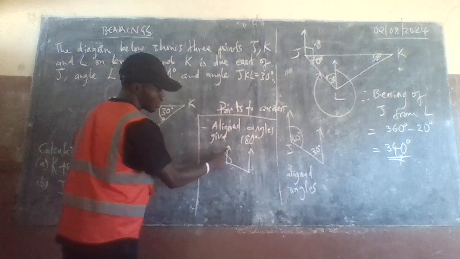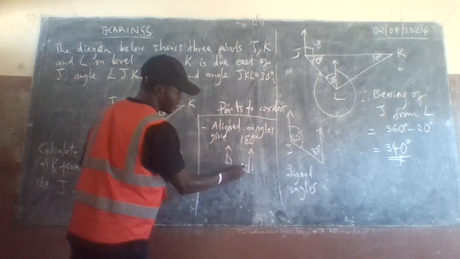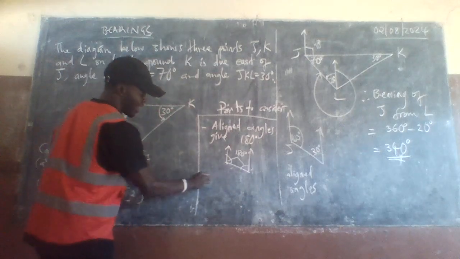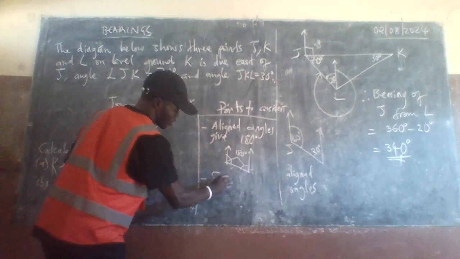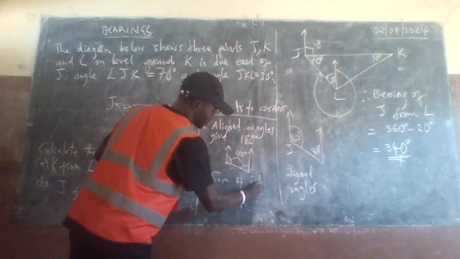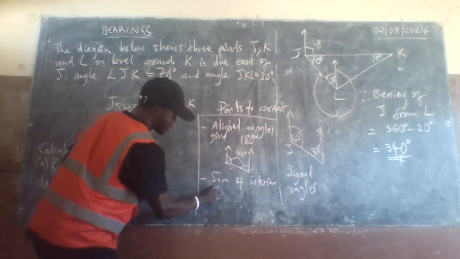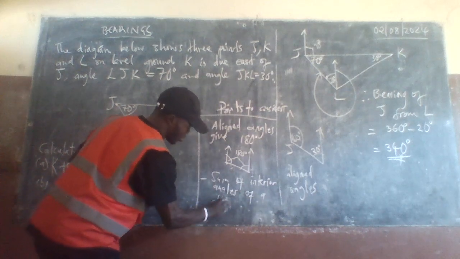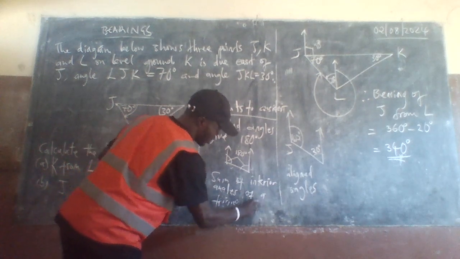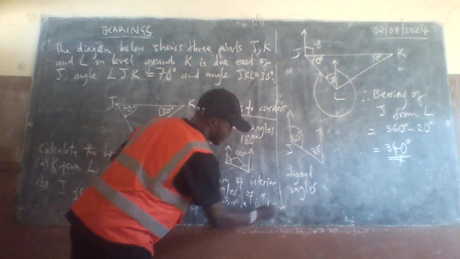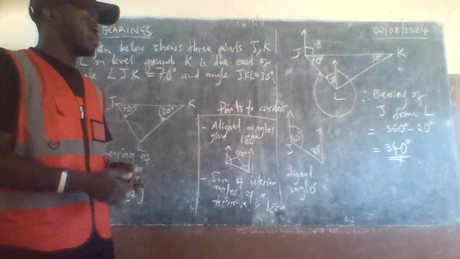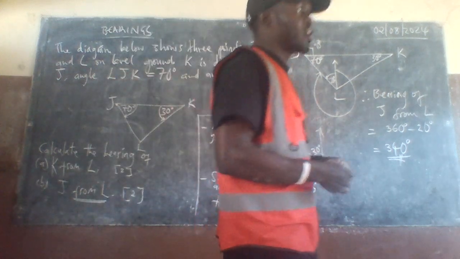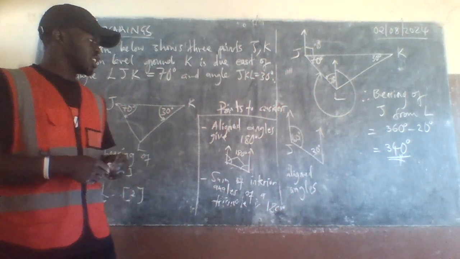As long as there is a north or parallel, then these two, when added, they give you 180 degrees. Another point is that the sum of interior angles of a triangle is 180 degrees. So that point is also very important. Sum of angles inside the triangle give 180 degrees.